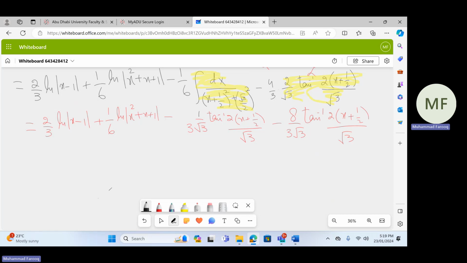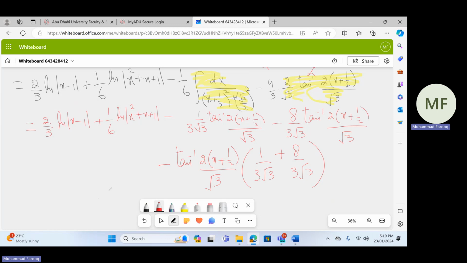If I take the negative sign as common factor, with tan inverse 2 times x plus 1 by 2 over root 3, it becomes 1 over 3 root 3 plus 8 over 3 root 3.